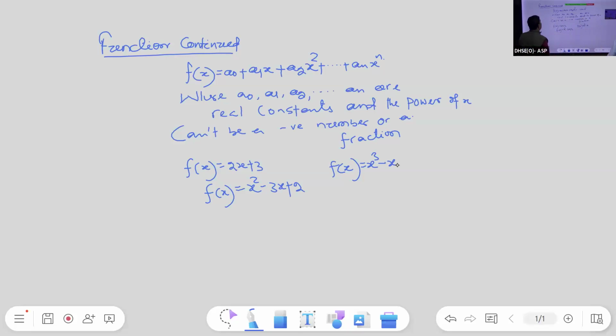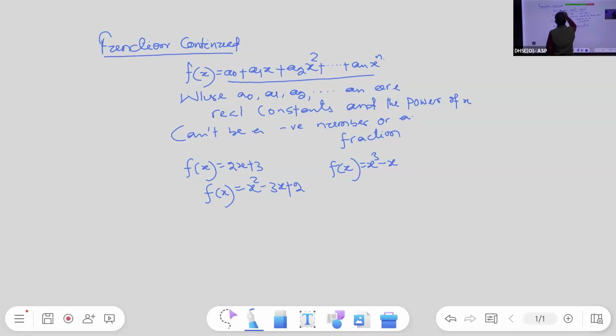Let us come to discuss about the domain of a polynomial function. What do you mean by domain? Domain is the largest set or subset of real numbers over which a function is defined. Already I have discussed it in the last class. So if the function is f of x is equal to a0 plus a1x plus a2x square plus up to anx to the power n, if you substitute a real value in place of x, then real into real is real, real plus real is real, and real minus real is real.